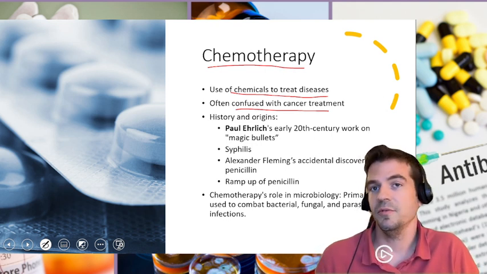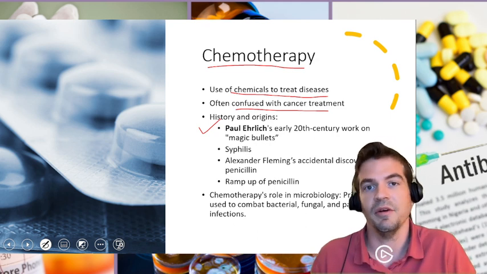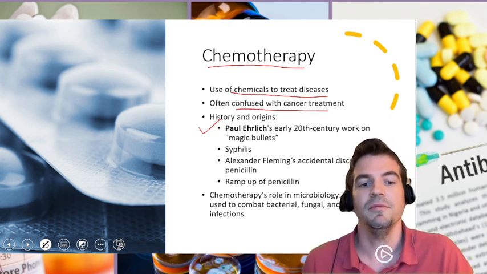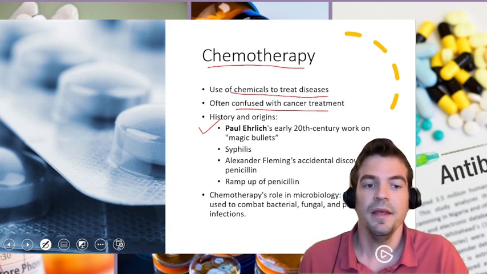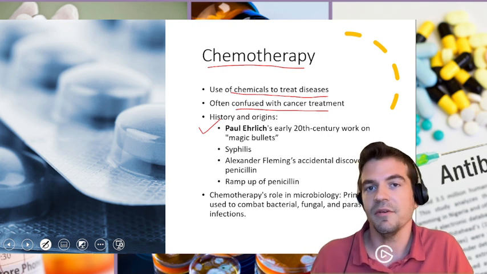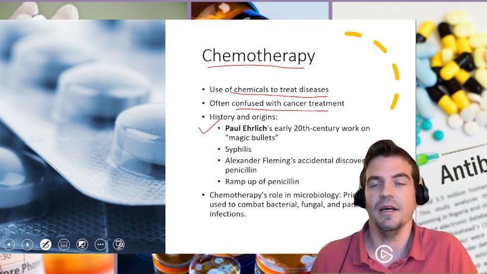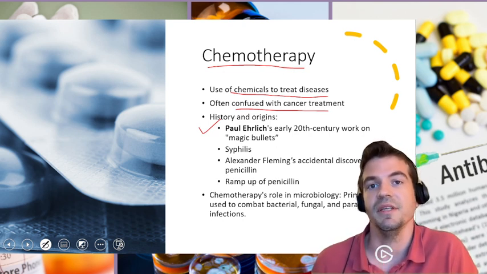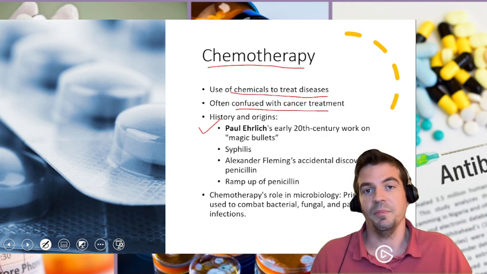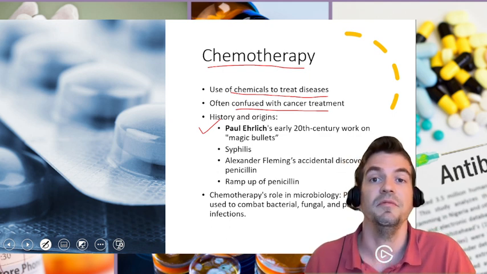So this all started when Paul Ehrlich, he was one of our founders that we needed to learn about, went to work and wanted to find a magic bullet for syphilis. Okay, and so he found some treatments to treat syphilis, but it was Alexander Fleming's accidental discovery of penicillin and then the subsequent ramp up of penicillin that really shot us into the 20th century in terms of public health.